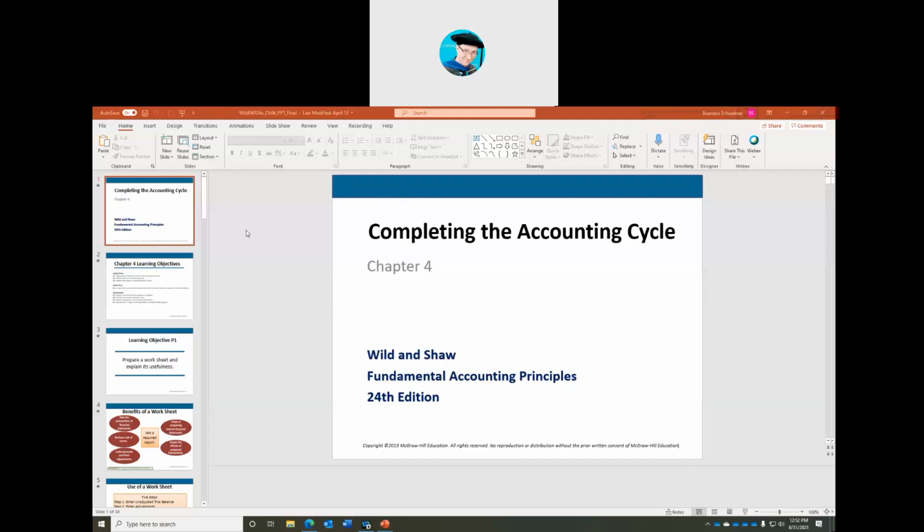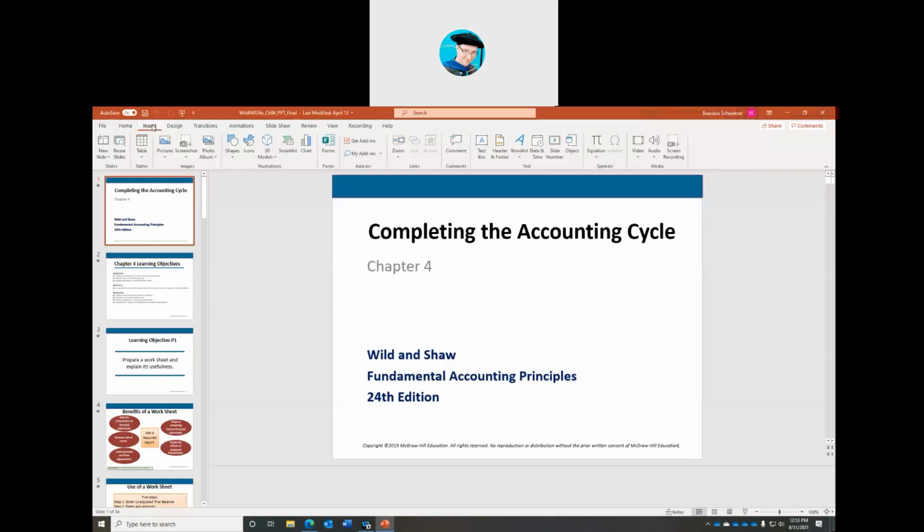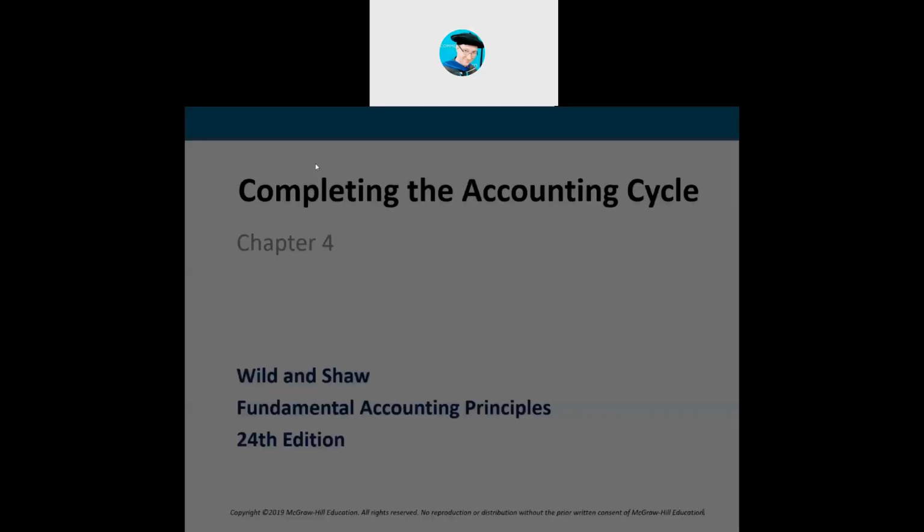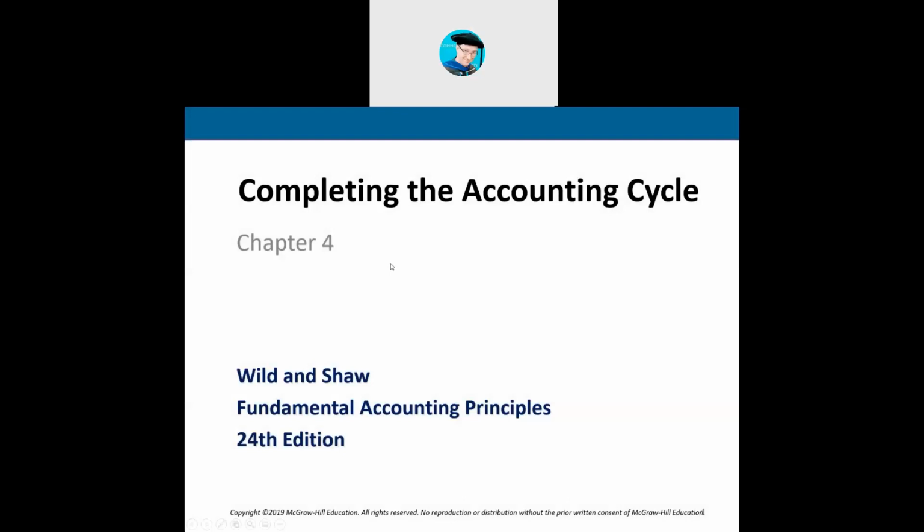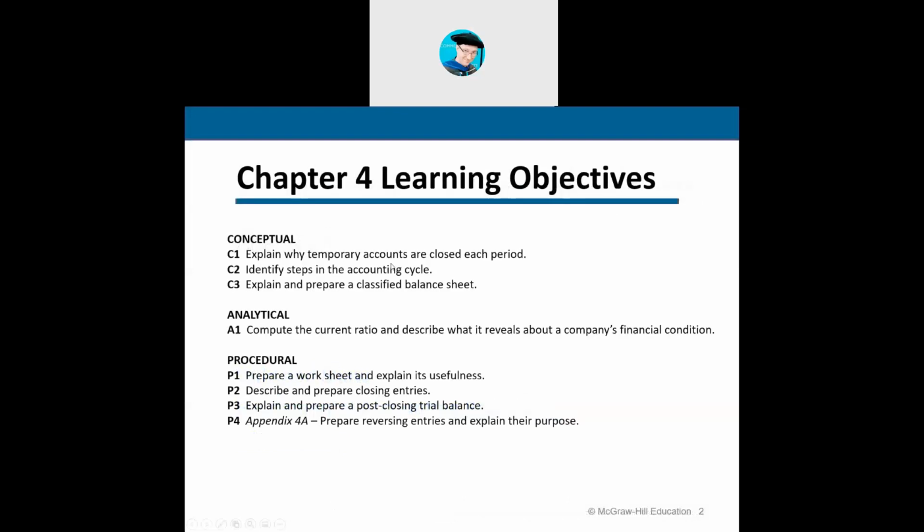And we're going to close out the process of accounting, the accounting cycle, that is. And we'll talk about how we close our accounts out and how we get our income statement back to zero for the next year or for the next month, and all of that good stuff. So let's go ahead and start our completing the accounting cycle conversation.